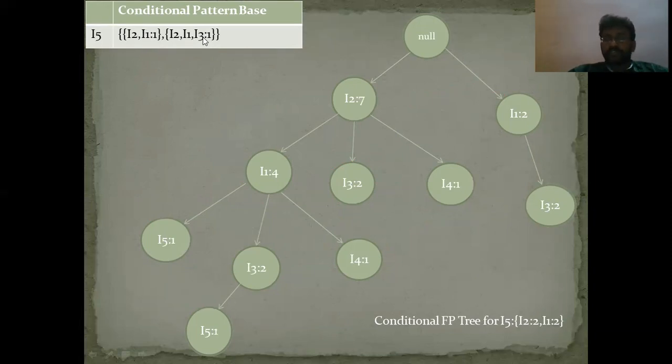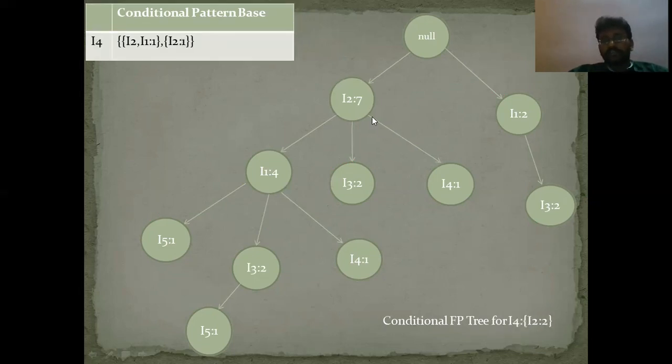These are two sets of the conditional pattern base constructed. So the conditional FP tree for I5 is I2 2, I1 2. I2 is repeated 2 times, I1 is repeated 2 times, and I3 is repeated only 1 time, so we are neglecting that one. So the conditional FP tree for I5 is I2 2 and I1 2.